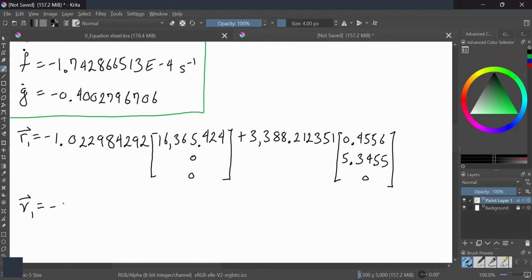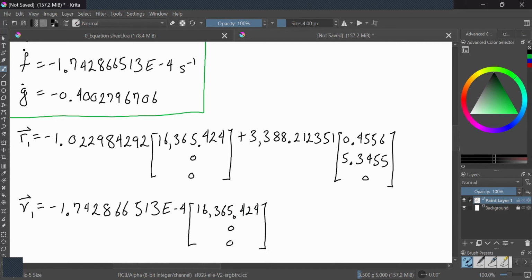So it's going to be minus 1.742866513 times 10 to the minus 4th times, again, our initial radius, 16,365.42400, and minus g dot, 0.400279676.